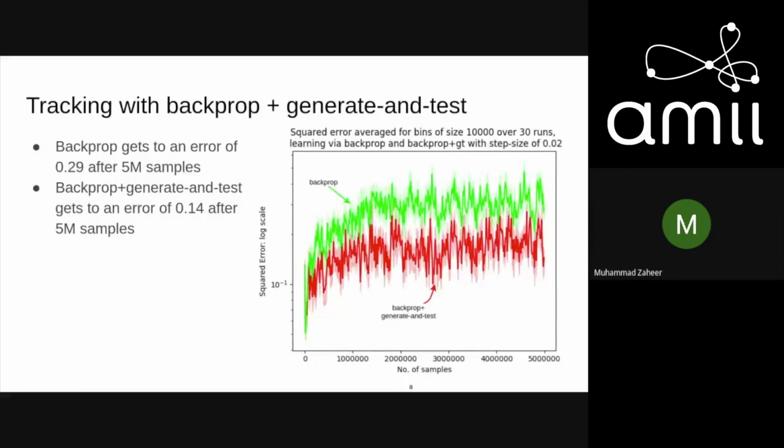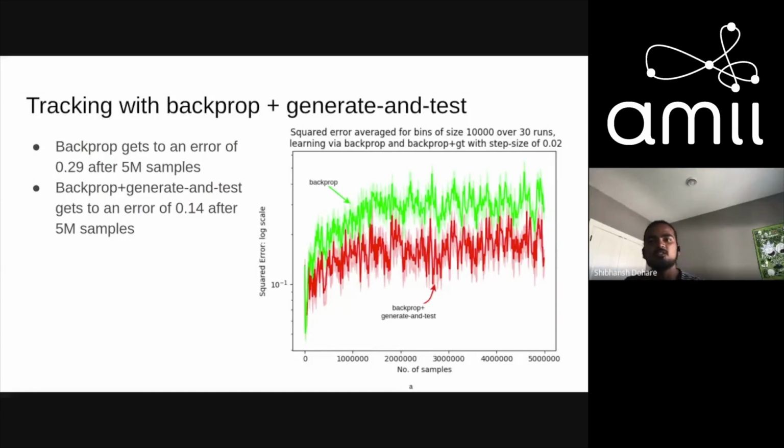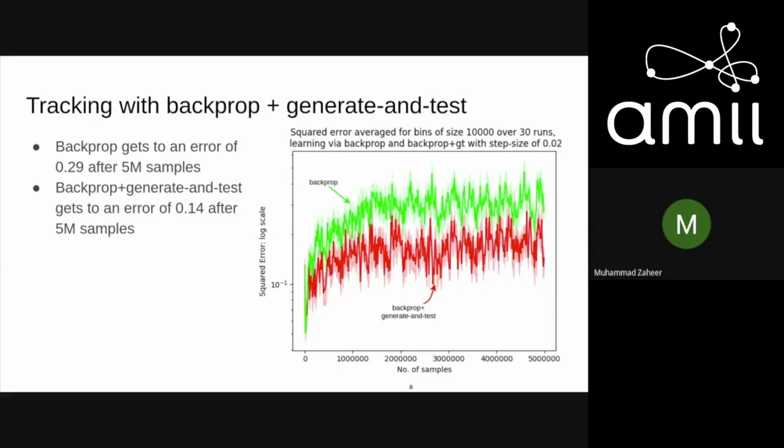Yeah, it would be interesting to see what happens when you have IID data and a batch setting, and you are doing the typical supervised learning thing, but you have insufficient capacity. Does tracking with backprop, and with backprop plus generate and test, help there? But if you're just using IID input, then why will tracking do any better? It won't.